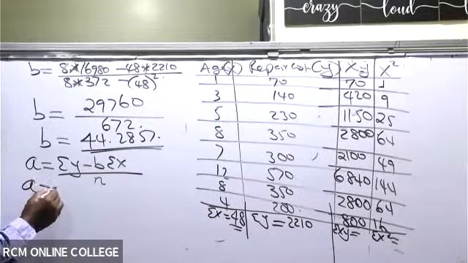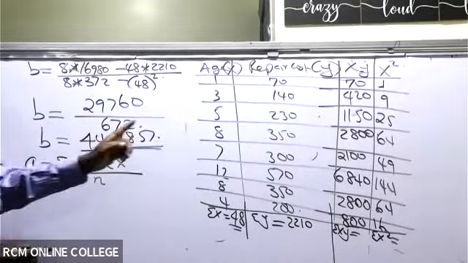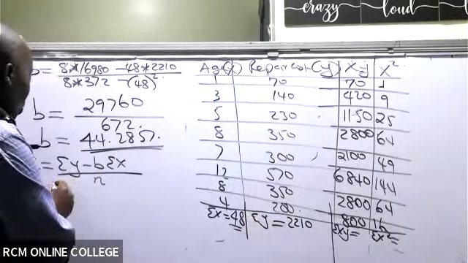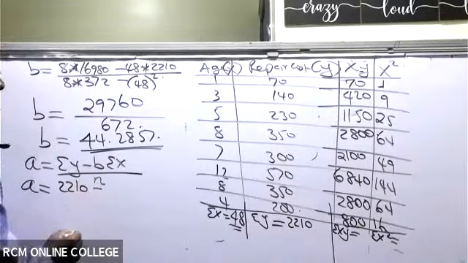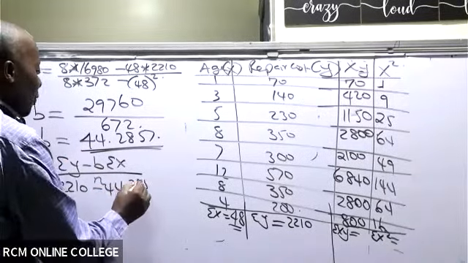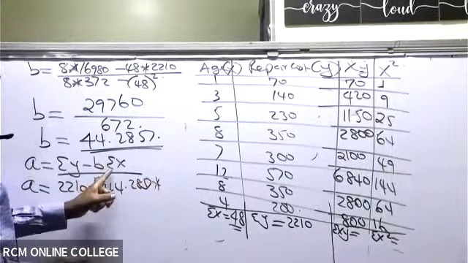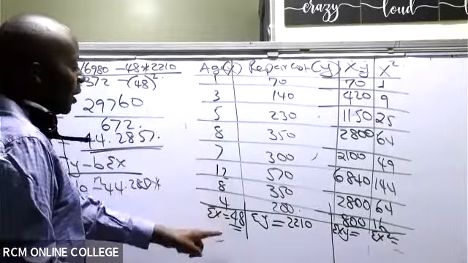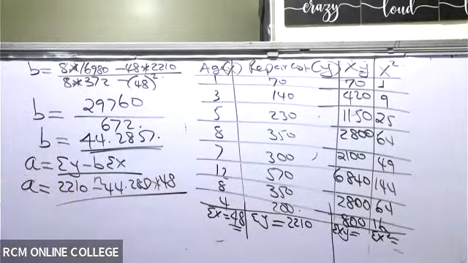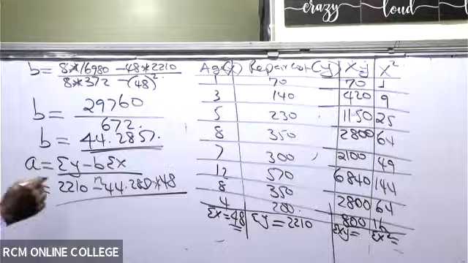So our A will be equal to summation of Y, which is 2210, minus B, which is 44.2857, times summation of X, which is 48, divided by our number of data points, which is 8.